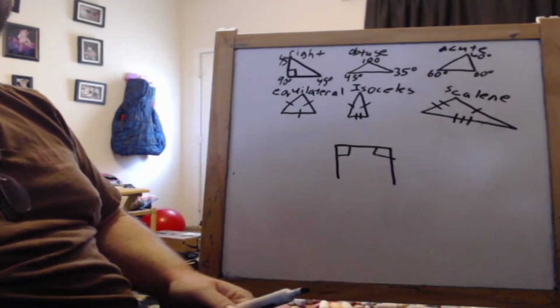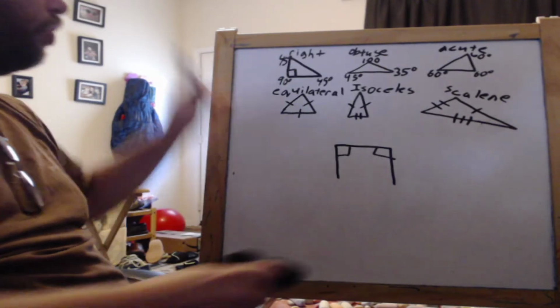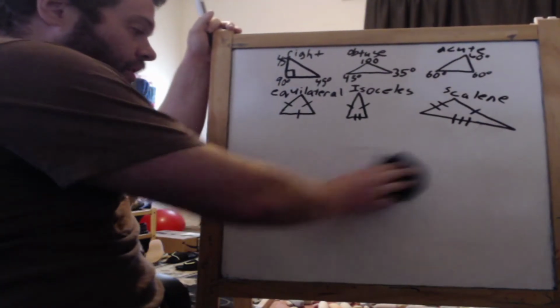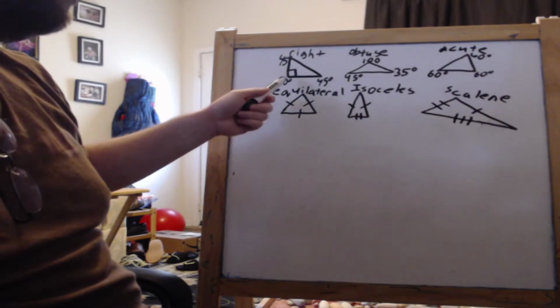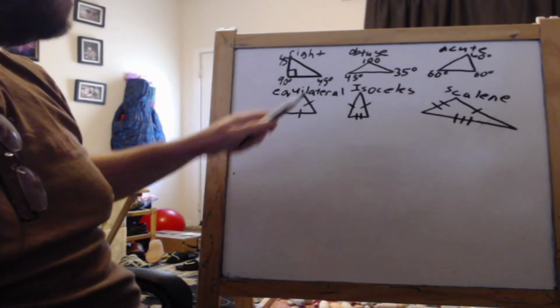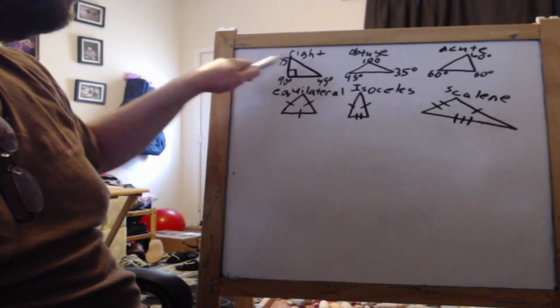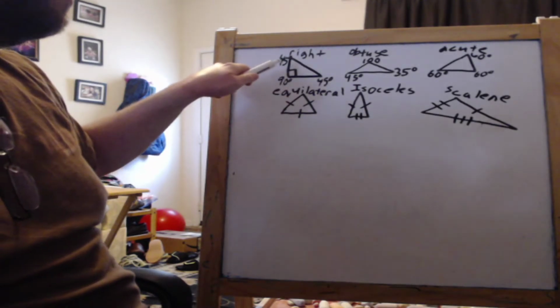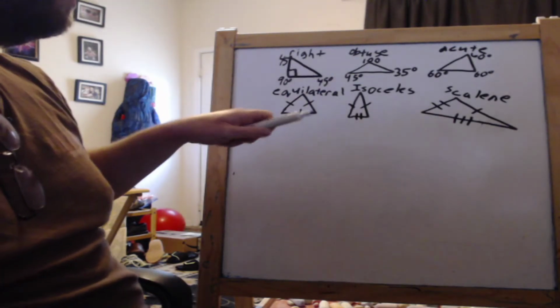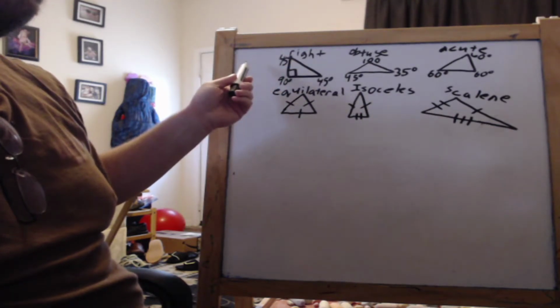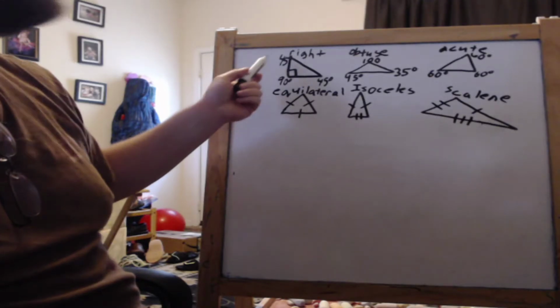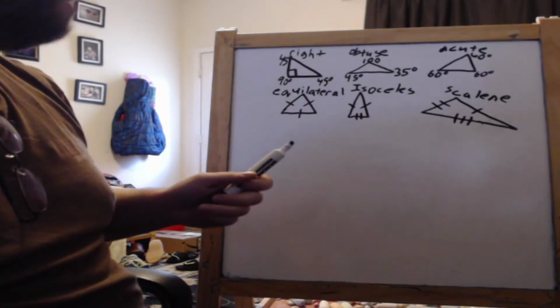So for it to be a triangle, all 3 of the angles have to add up to 180. Okay, so a right angle is 90 degrees, and the other 2 don't have to be the same, but as long as these 2 add up to the other 90, then that will work.